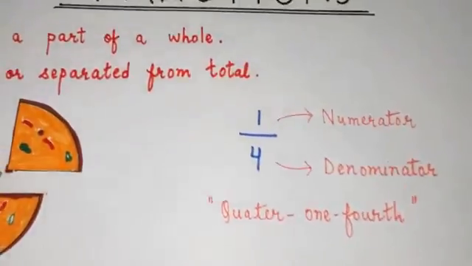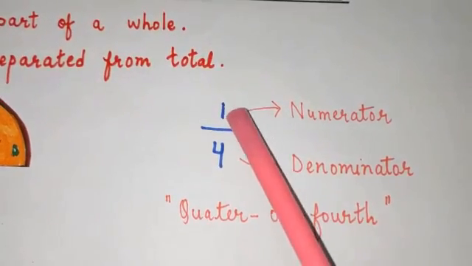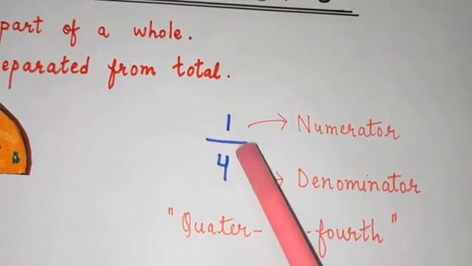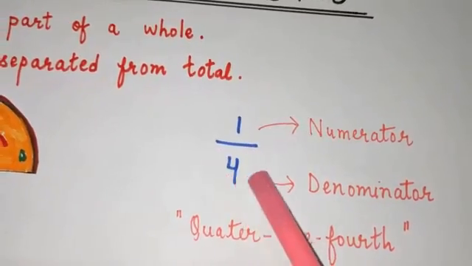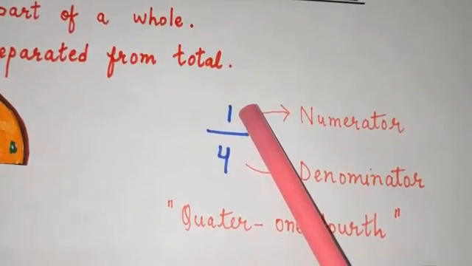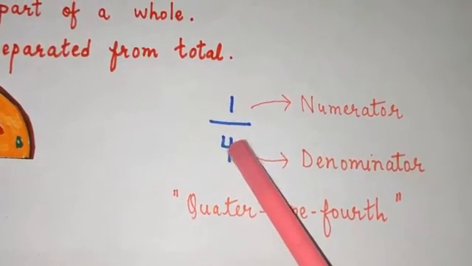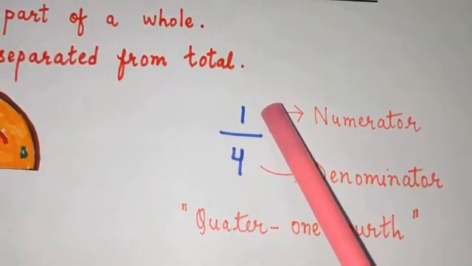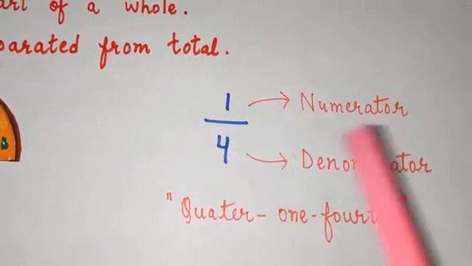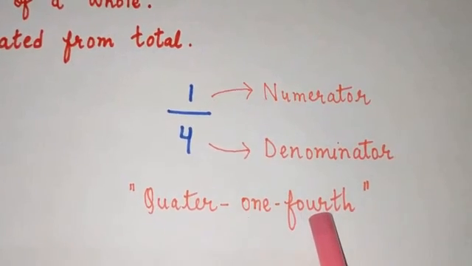Okay. Here I have written the fraction I ate, which was 1 by 4. Out of 4 equal parts, I ate 1 part. So it is written as 1 over 4, or it is also written as 1 by 4, or you can also say it 1/4.